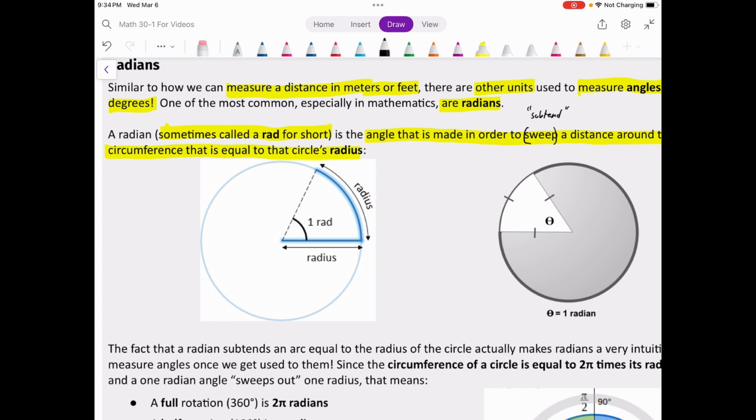Okay, and that's why this came up naturally. They said, well, the circle has a radius, so how do we want to think about angles? Well, why don't we think about how far you would have to rotate through to make one radius along the circle's edge? And again, you might say, well, this is weird, but you're used to degrees. What's so great about degrees, right? I mean, 1 degree is 1/360th of a circle around, right?